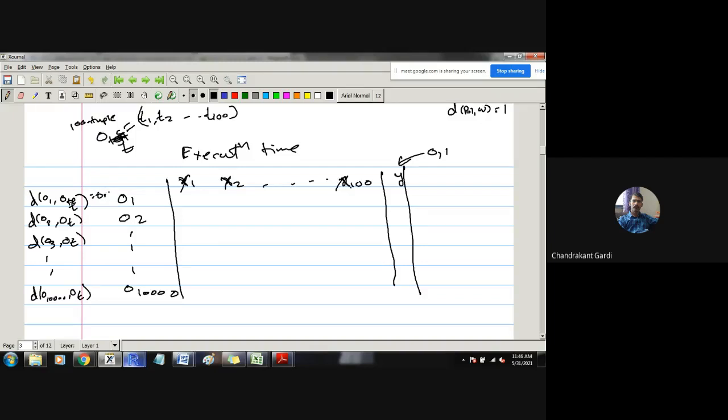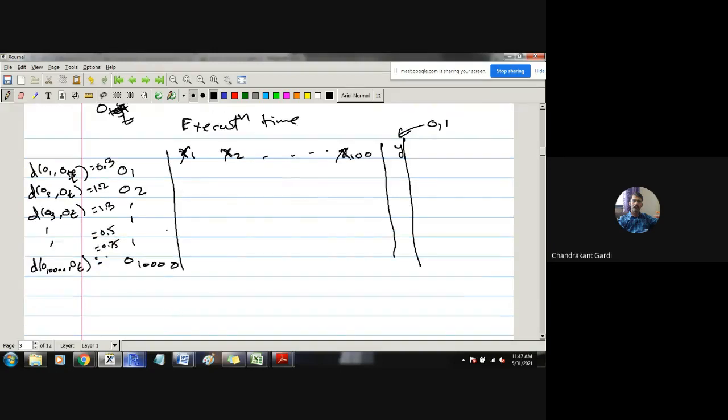Suppose the first 5 differences have been finalized and they are like this: 0.3, 1.2, 1.3, 0.5, 0.75. These are the differences of the new observation from the first 5 observations in the database.